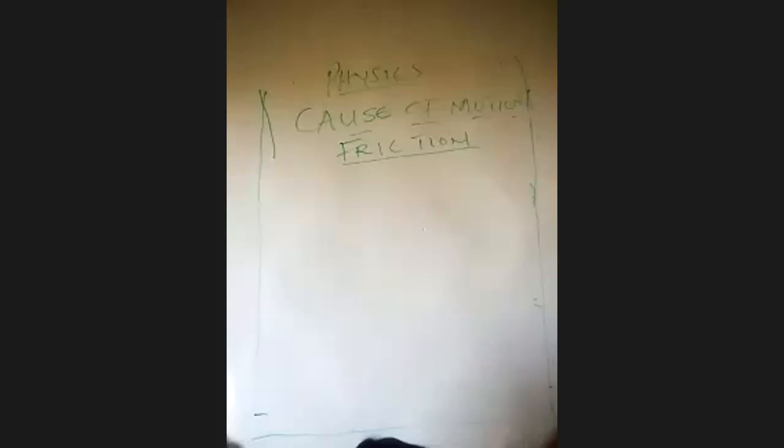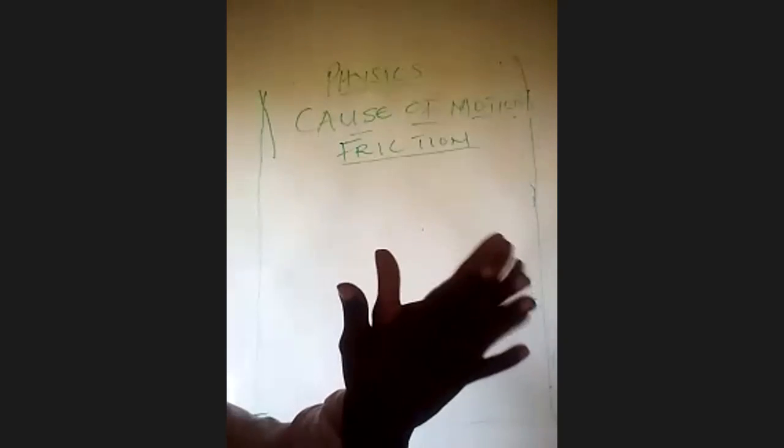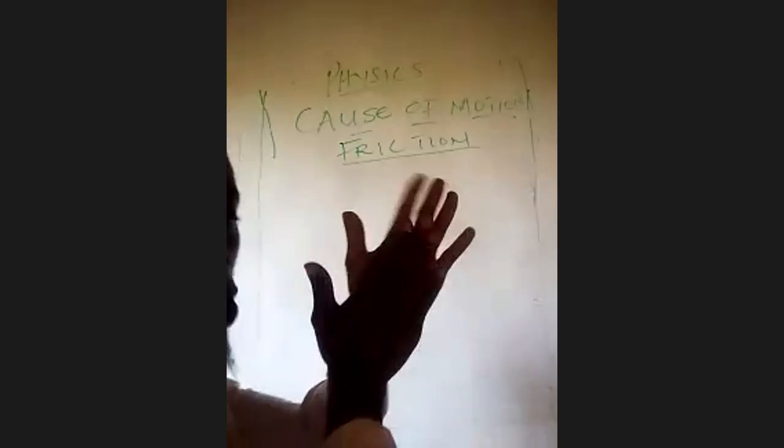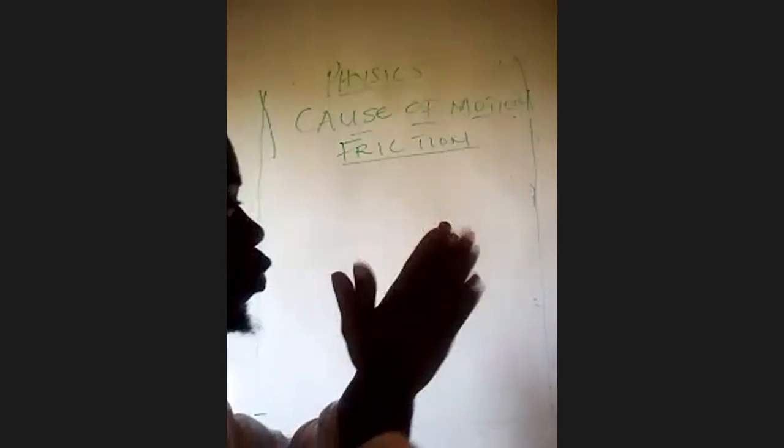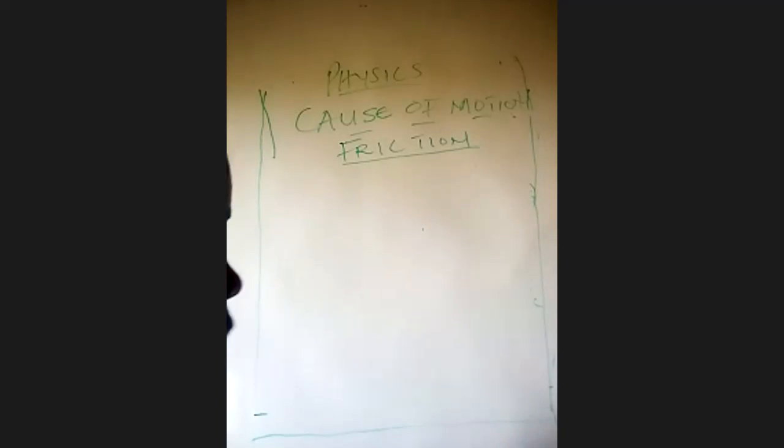If I rub two of my palms together, hold them tight and try to move them, you see that one surface is trying to prevent the other from moving freely. The force that brings about that action is what we refer to as friction. Frictional forces act tangential to the surface of separation between two bodies in contact.